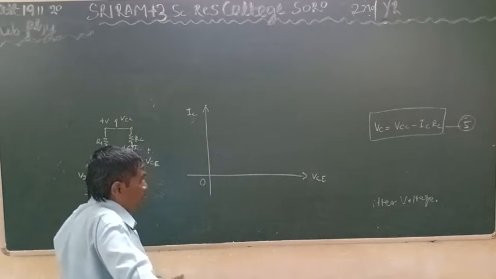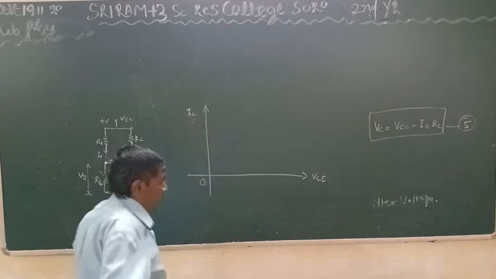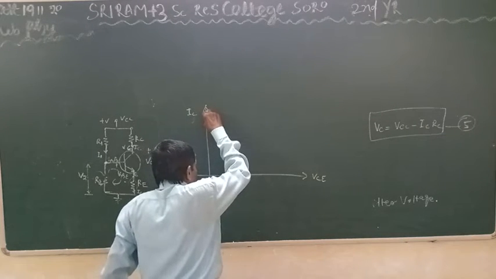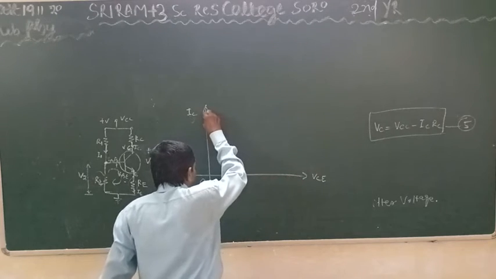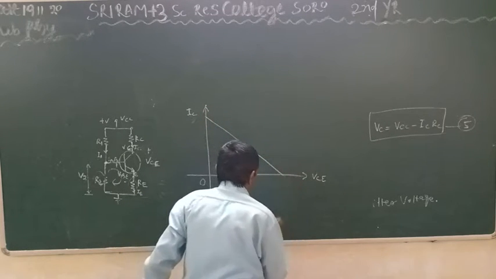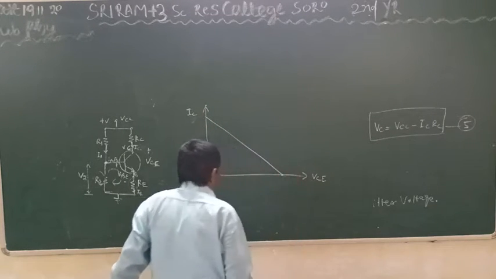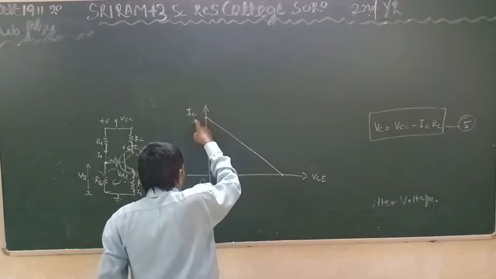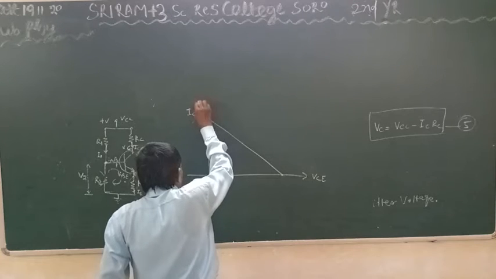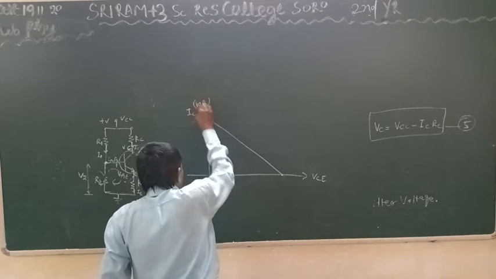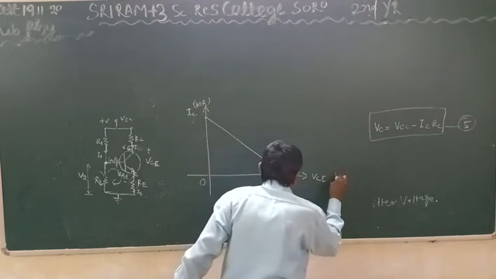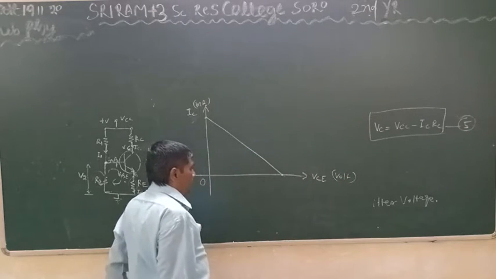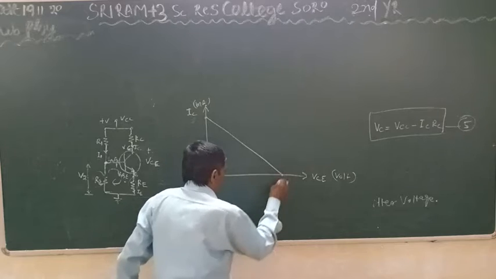Now we draw a line from the collector current axis to the voltage axis. Here this is a geometrical point, and this is another geometrical point. Collector current is taken in milliamperes and VCE in volts.